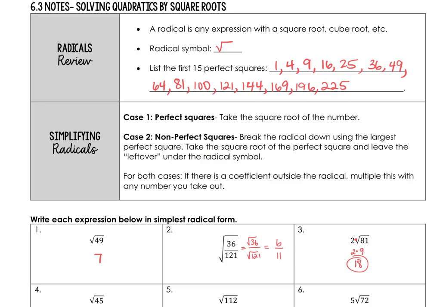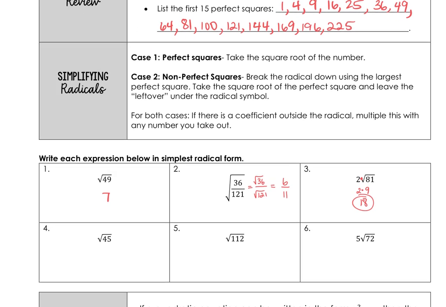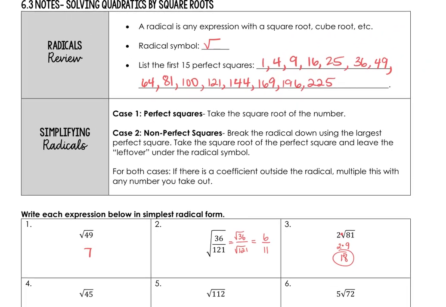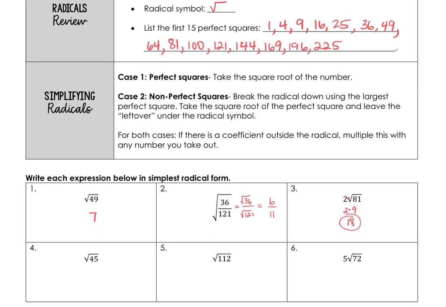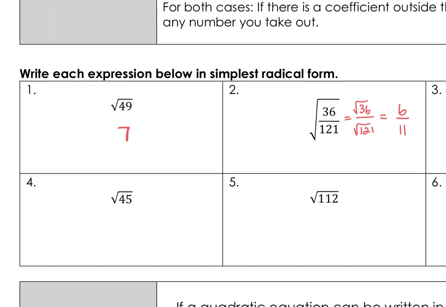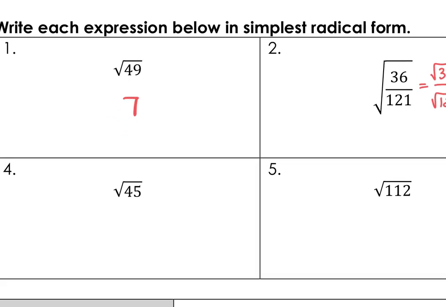So for number 4, we have the square root of 45. If you look at your perfect squares, the largest perfect square that 45 is divisible by is 9.